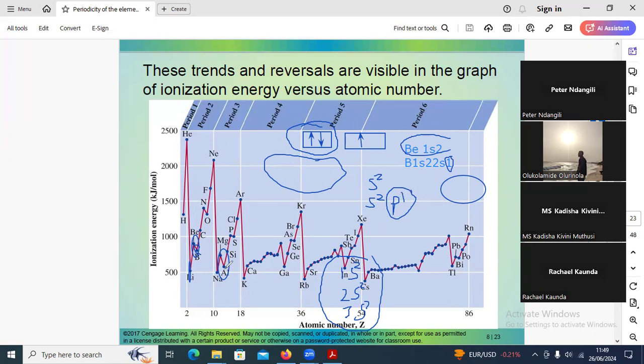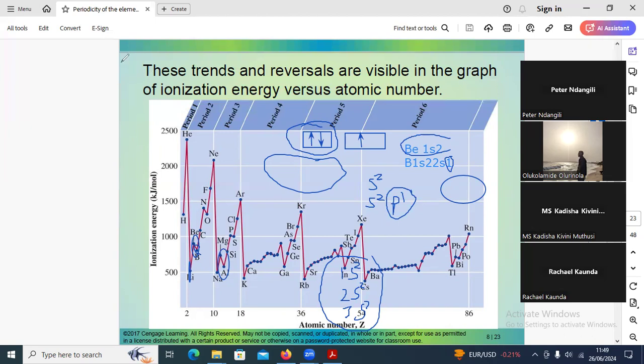And that is why we have a lower ionization energy for aluminium than for magnesium, and a lower ionization energy for boron than for beryllium. That's how we can explain it.